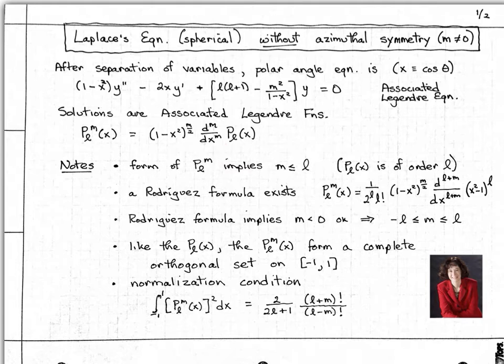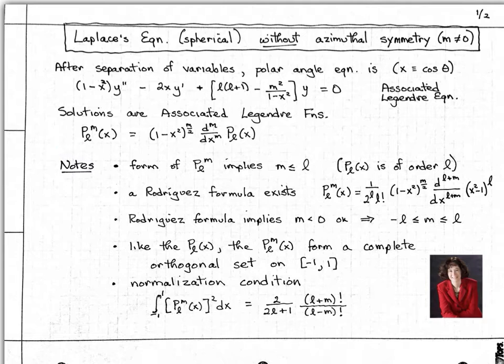Now let's go back to the associated Legendre equation today, and we will keep the term with m. We are not assuming that everything looks the same at every point on the equator of our sphere. When we solve this differential equation, the solutions are the associated Legendre functions found here.